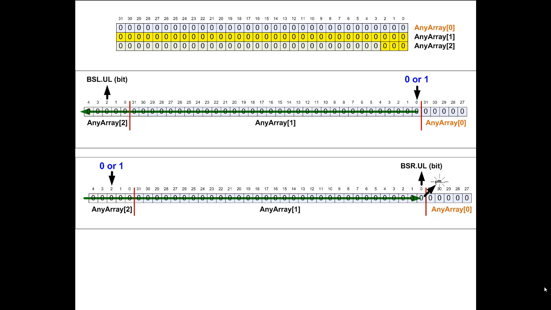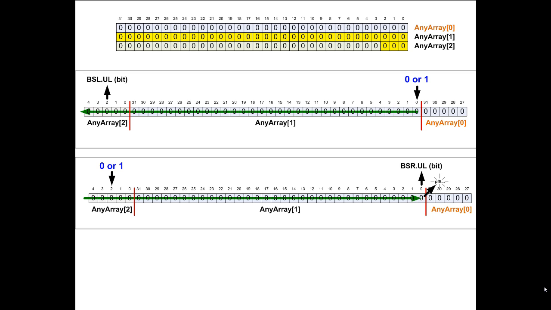And that's something that does trip us up: bit 0 is the first, bit 1 is the second, and so on. So any array 1 has 32 bits. Then you have 0, 1, and 2 of any array 2. That adds up to 35 bits. So the length of this shift within this array of 3 dints is 35 bits.